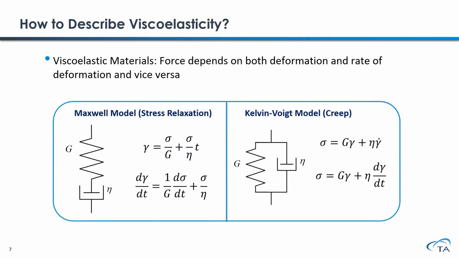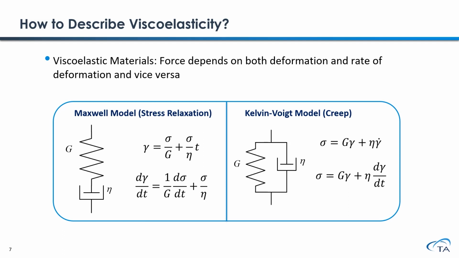Then what model shall we use to describe a material that has both elastic and viscous response? This slide shows two very basic fundamental models that people use to describe a material that has both viscous and elastic properties. The first model is to put one spring and one dashpot in series. This is called a Maxwell model.